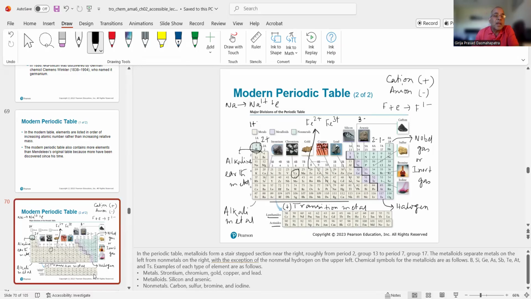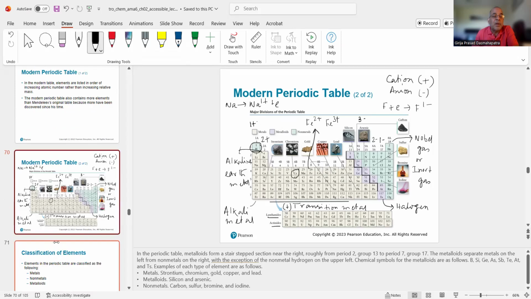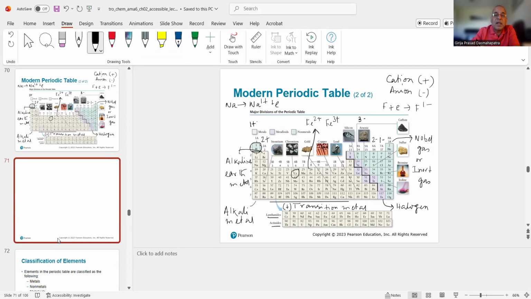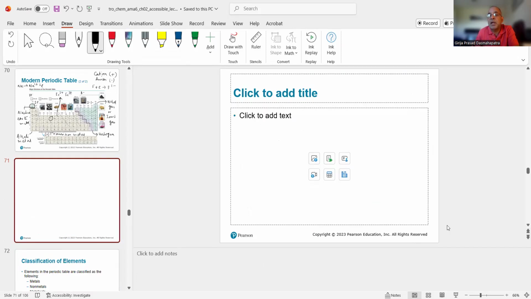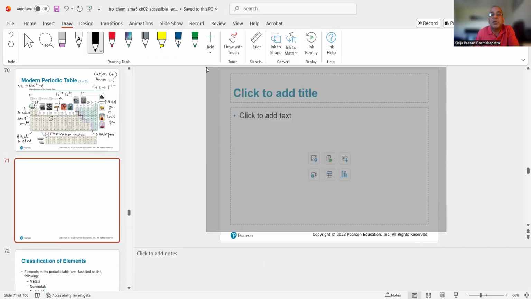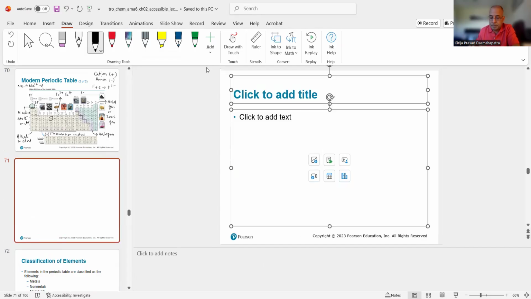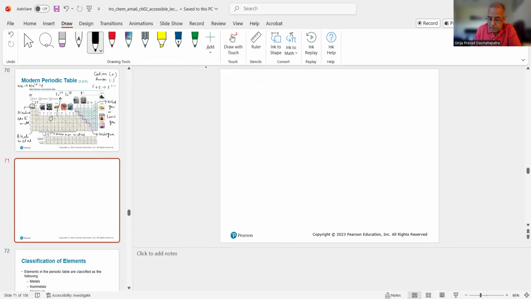And also, there is a periodic law which is not very clearly mentioned in your textbook. Let me write it down. That is called the periodic law. So what is the periodic law, based on which the periodic tables are created?